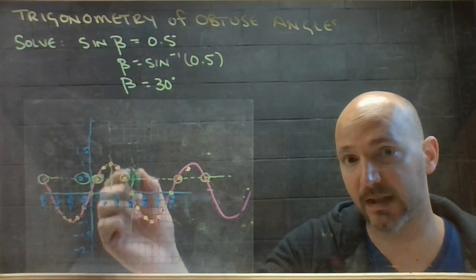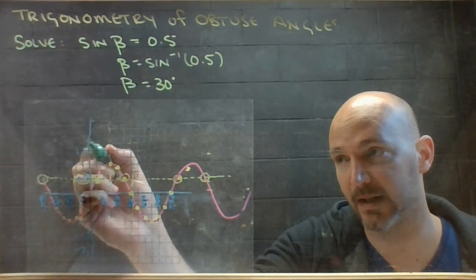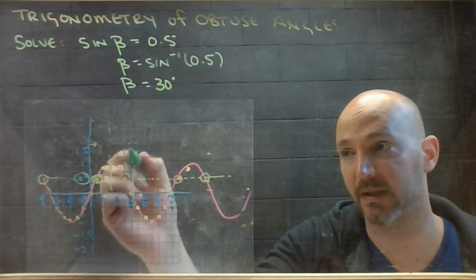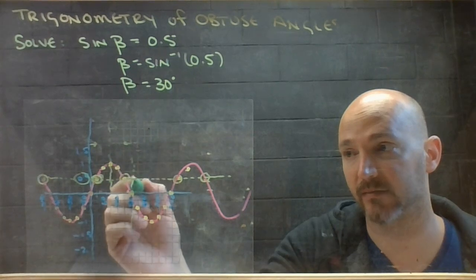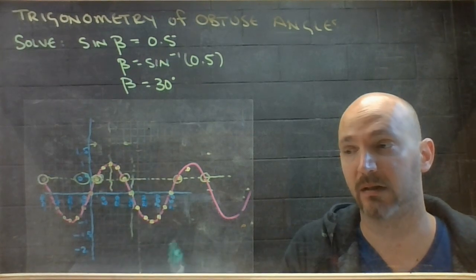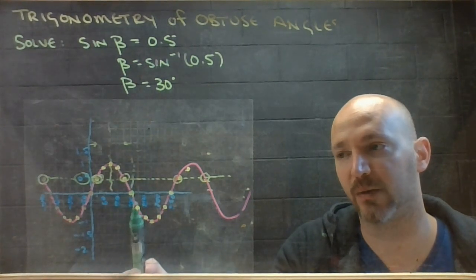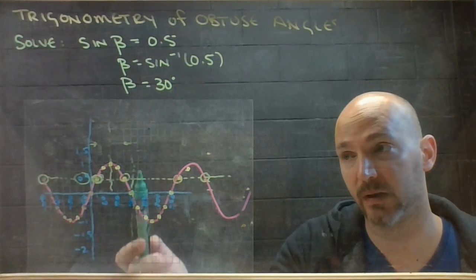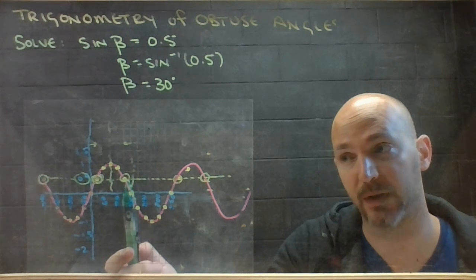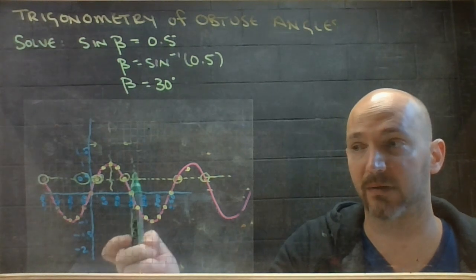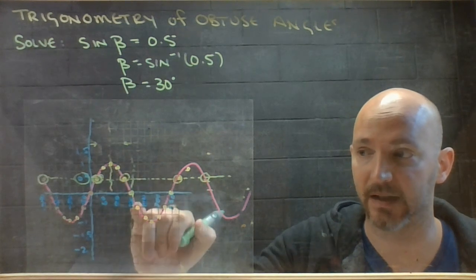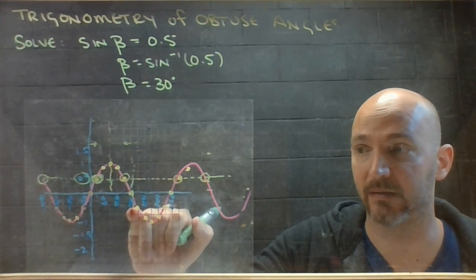If this thing is symmetrical, then this distance, 30 degrees, must be the same as that distance, 30 degrees. So I just need to know where this hump ends and then back up 30 degrees to get my second solution. So if you look there, the hump ends at 180 degrees.